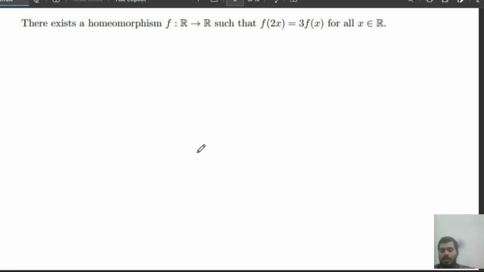Anybody have any idea? See, it is asking the existence of a homeomorphism. Can somebody tell me a simple homeomorphism from R to R? At least one.